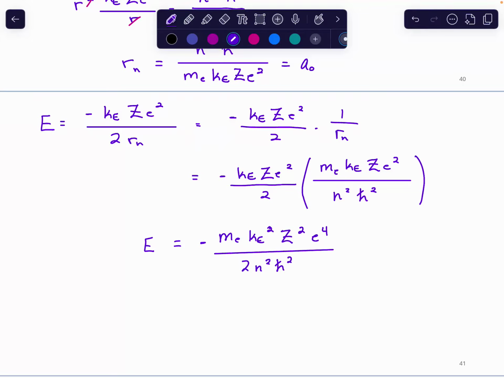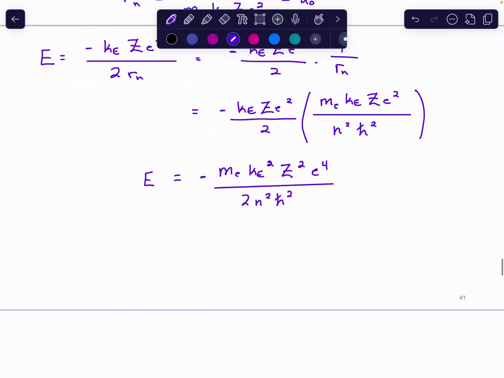Okay, so to make this look like the textbook, let's go ahead and pull out. We're just going to call this your energy at a principal quantum number of n. I'm going to pull out the negative Z squared over n squared.